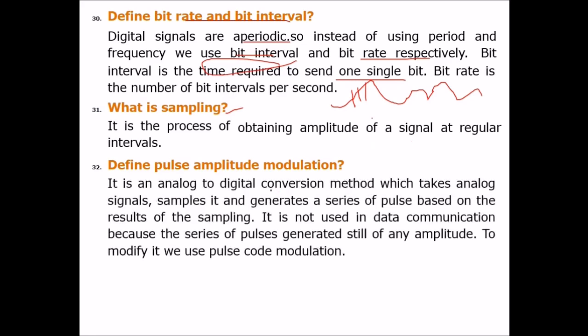This is an analog to digital conversion method which takes an analog signal, samples it, and generates a series of pulses based on the result of the sampling. It is not used in data communication because the pulses generated can still be of any amplitude. So to modify it, we use pulse code modulation.